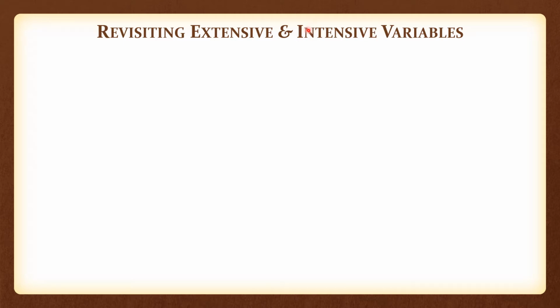These intensive variables, if you recall, are the partial derivatives. ∂U/∂S, rate of change of internal energy with respect to change in entropy at constant volume and number. ∂U/∂V, rate of change of internal energy with respect to change in volume at constant entropy and number. ∂U/∂N, rate of change of internal energy with respect to change in number of moles of the species at constant entropy and volume.